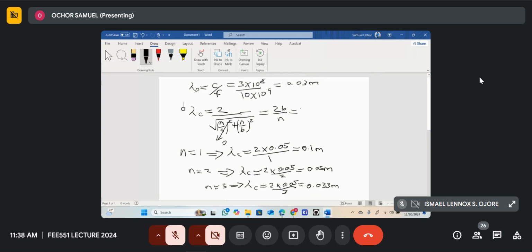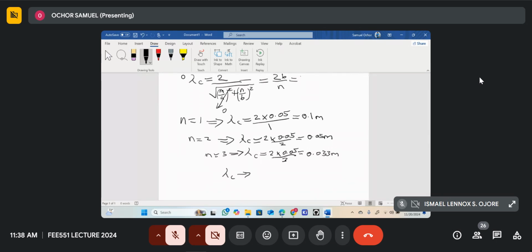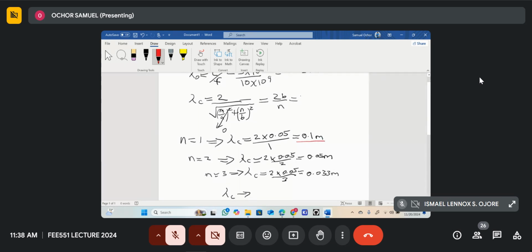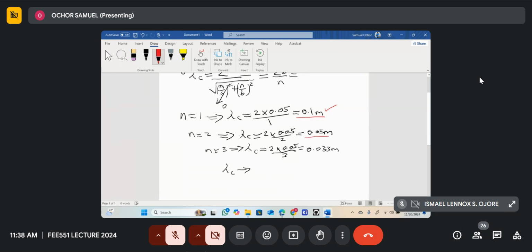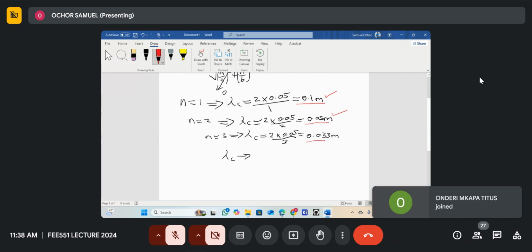When n is 1, the cutoff wavelength is 0.1 and it's larger than the operating wavelength, so it propagates. So you can tick that. 0.05 is larger than 0.03, so it propagates. 0.033 is also larger than the free space wavelength, so it propagates.